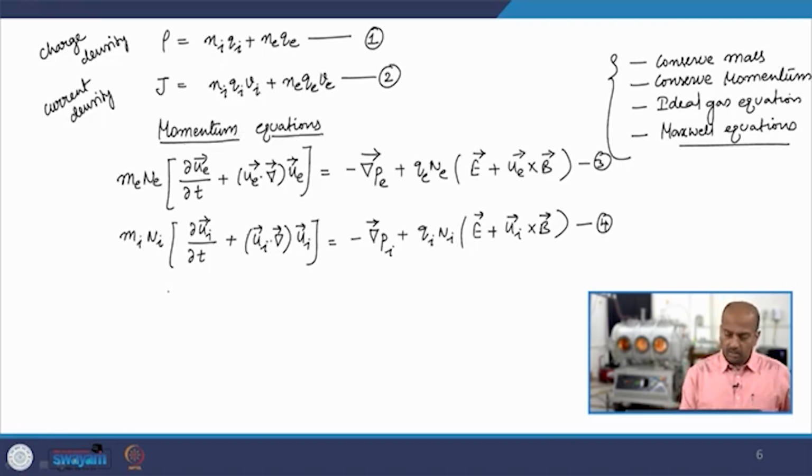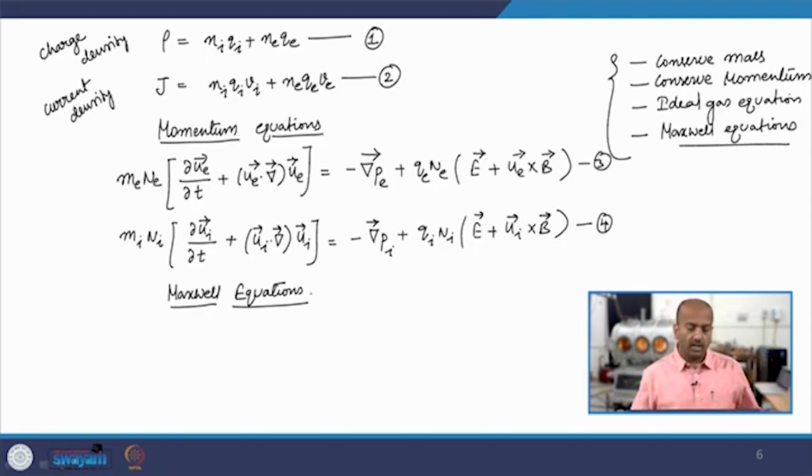Then we have to write the Maxwell equations. Maxwell equations tell you how the charge densities and the fields and the currents are connected with each other.